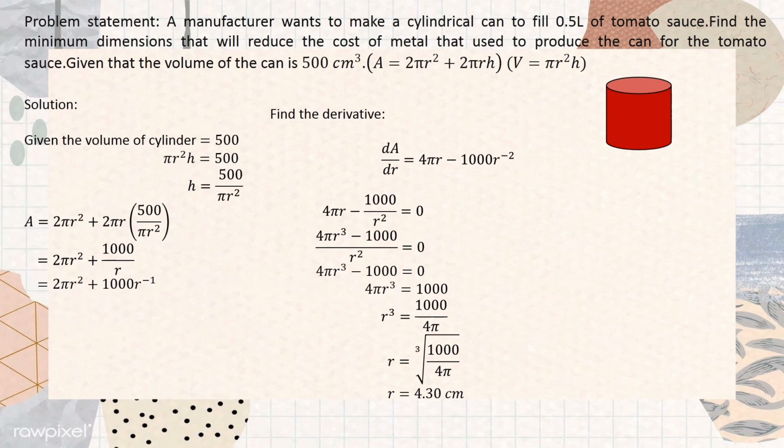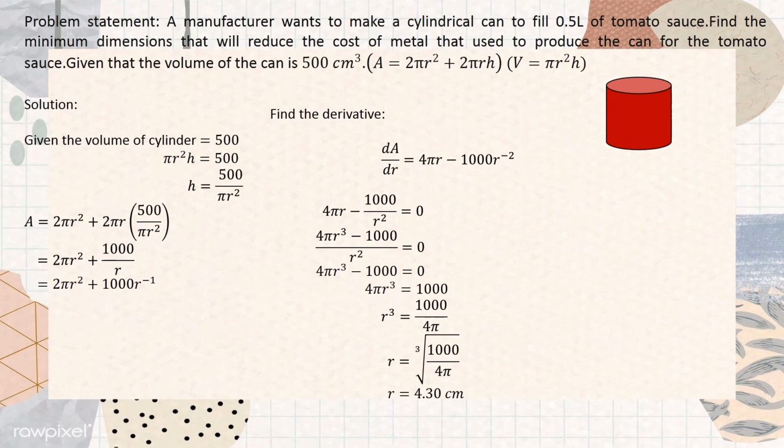After we make the A equation have only one variable, we need to find the critical value by differentiating the A equation, which means we're going to find dA over dr. After differentiating, we will get dA over dr equals to 4 pi r minus 1000 r to the power of negative 2. In order to find the critical value, we must let dA over dr equal 0.